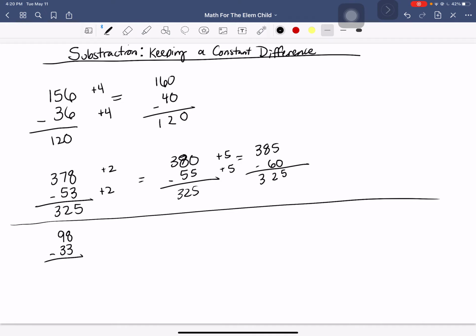We can add 2 to get 100, and then we have to add 2 to 33 to get 35. I don't know why I said that out loud. Okay, 35.